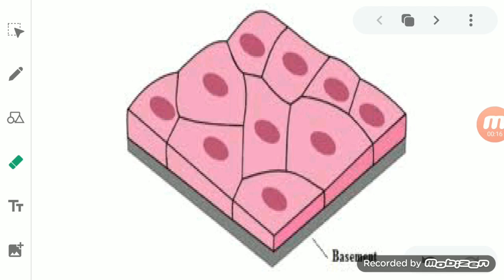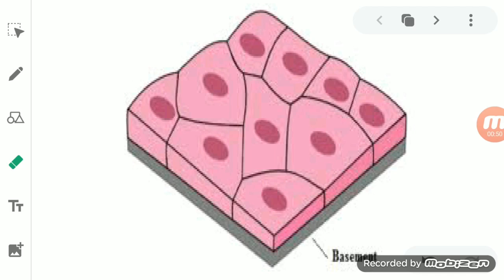Simple epithelial tissue is that tissue in which one layer of the cell is present, while the stratified epithelium consists of more than one layer of cells in it. Okay? Now these epithelial tissues, which are divided into simple and stratified, on the basis of shape are divided into squamous, cuboidal, columnar.